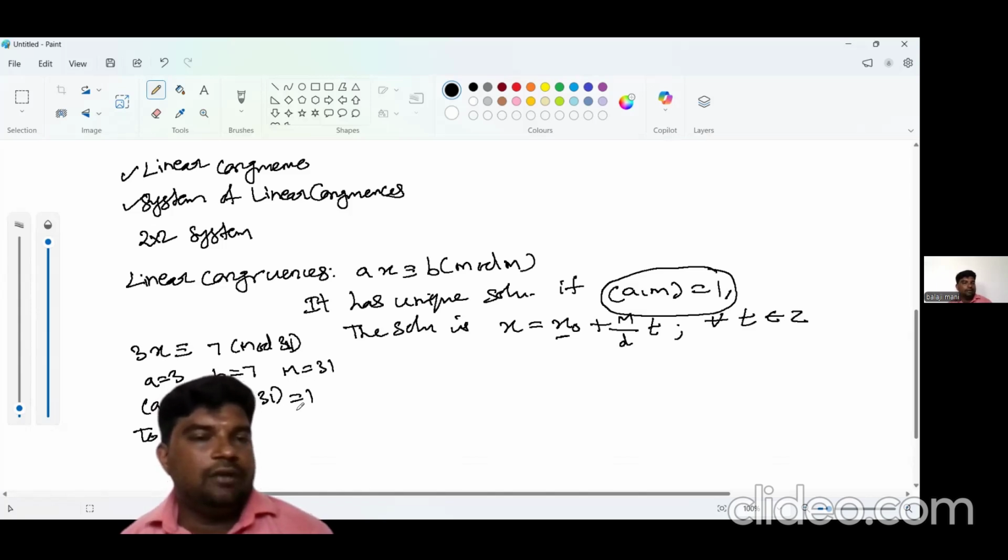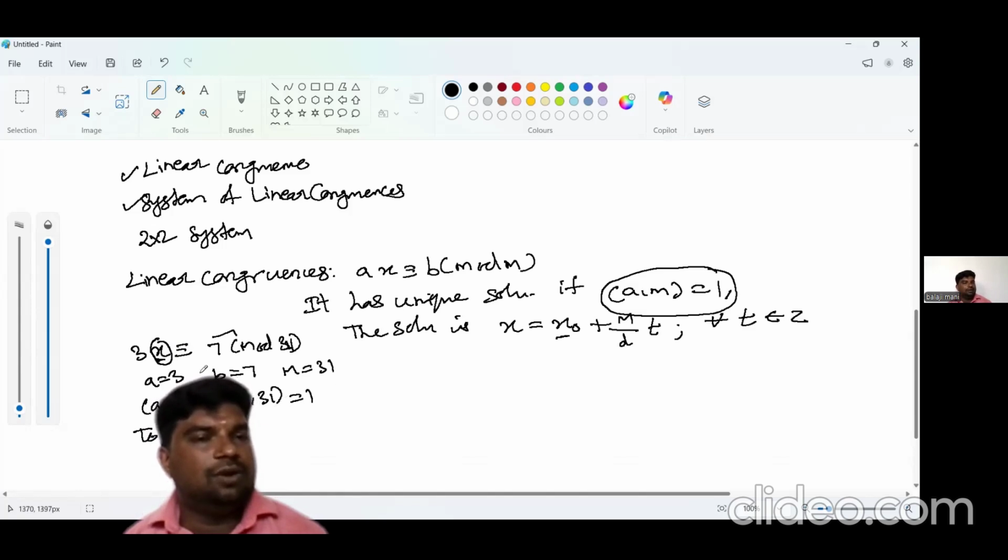This x naught value we can choose by trial. We choose an x value, multiply it with 3, then divide the product by 31, and we want the remainder 7. If we get 7, then the corresponding x is a particular solution.